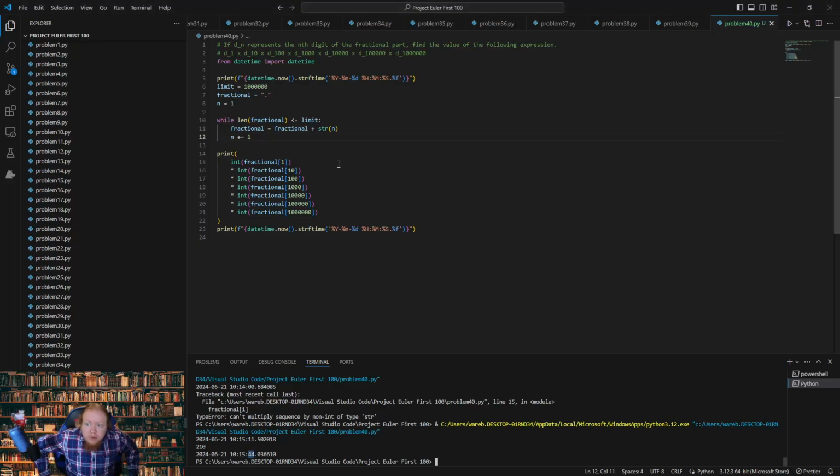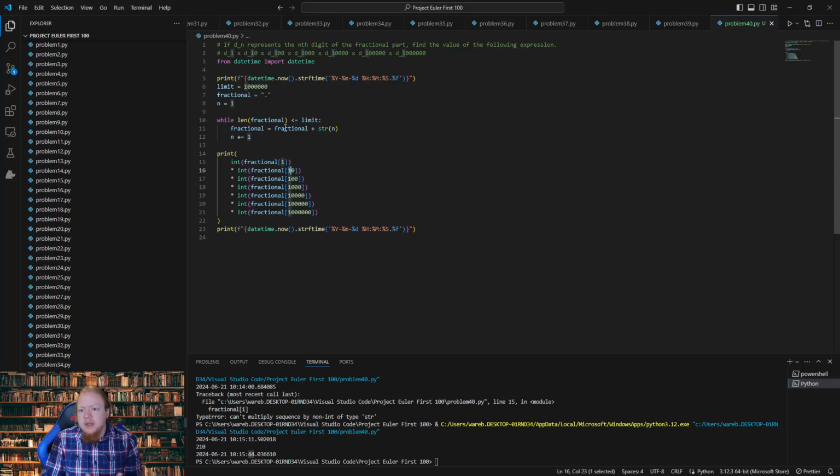So just to do a quick review, we are able to do this because Python is really, really good at exactly this sort of problem. All we did is create a string representation of the fractional part. We included the decimal point just so that we could do 1, 10, 100 instead of 0, 9, 99, which seems like it would be more confusing to read.